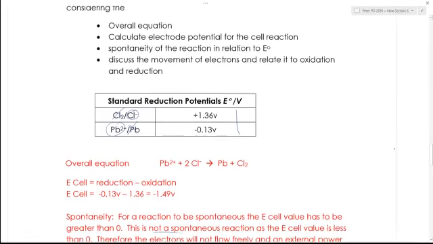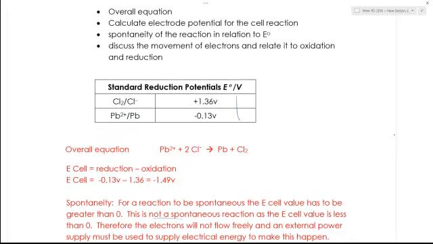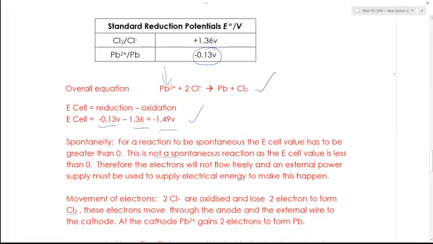Now here's something that's more Excellence. The overall equation should be straightforward, just combining the E0 cell value, reduction minus oxidation, taking the reduction value from this because Pb2+ is reduced, and so we expect it to be a negative voltage. Spontaneity: the E cell value has to be greater than 0 for it to be spontaneous.